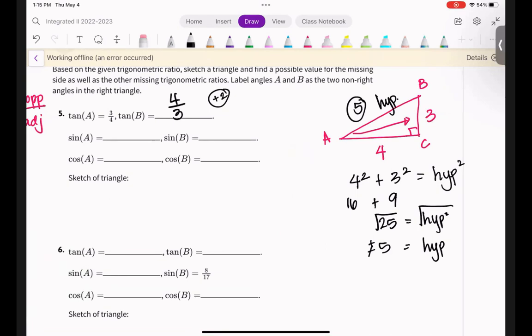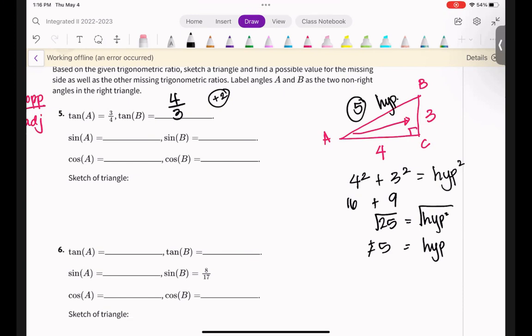All right, so fill out sine and cosine. Very nice work. Okay, what do you guys have?